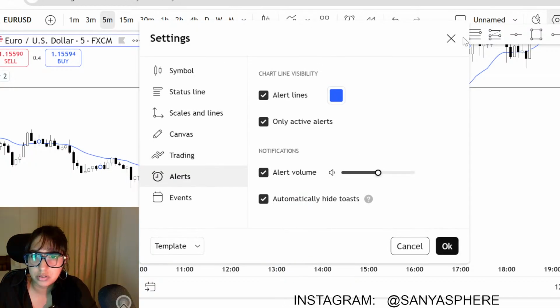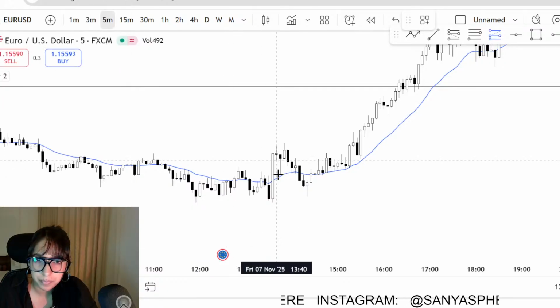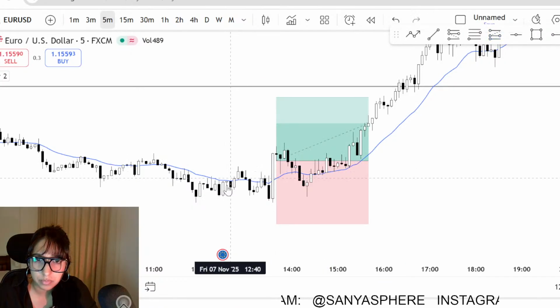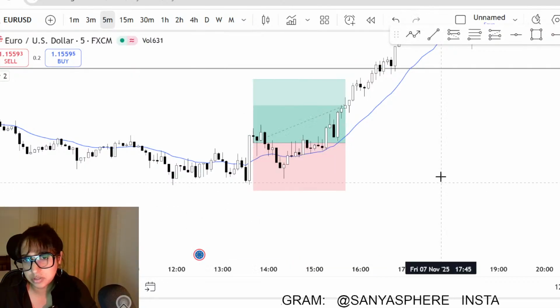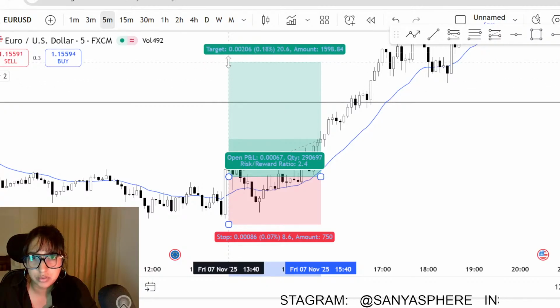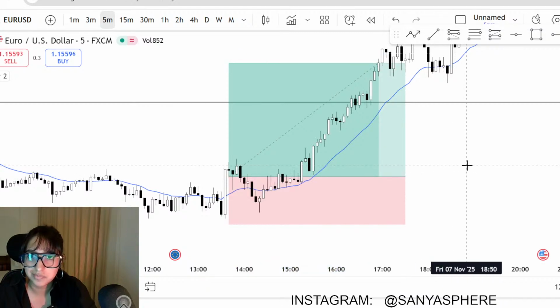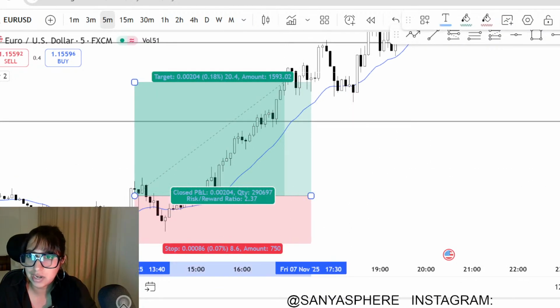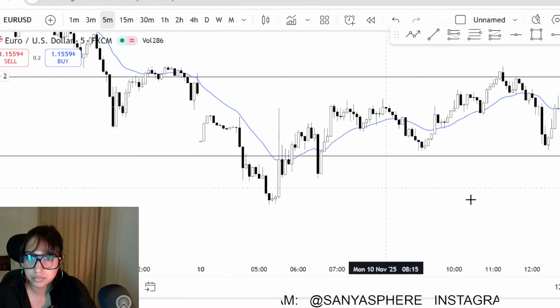Let me mark something like this. 8 pips stop loss and 20 pips TP. So this trade gave us almost more than 1:2, and it was a direct TP, by the way. So we had a 3 day winning streak in that.